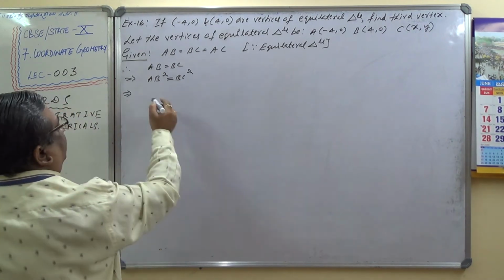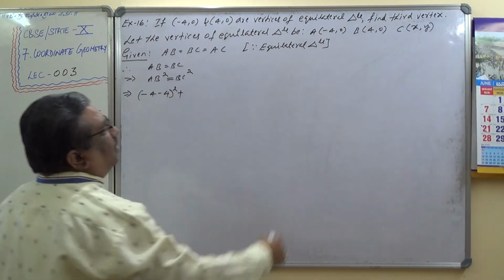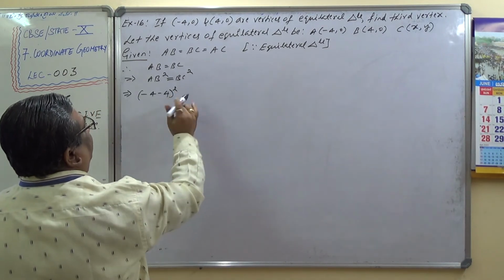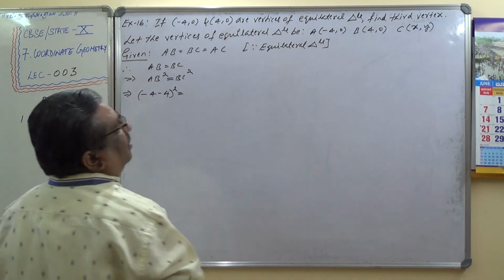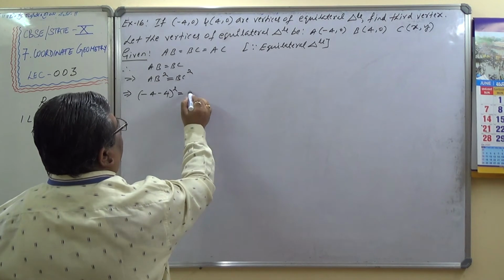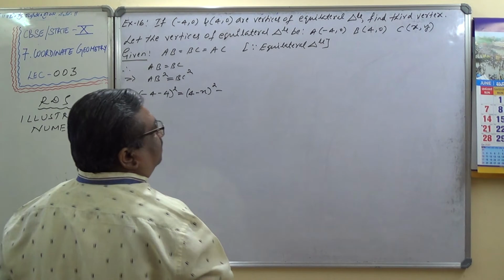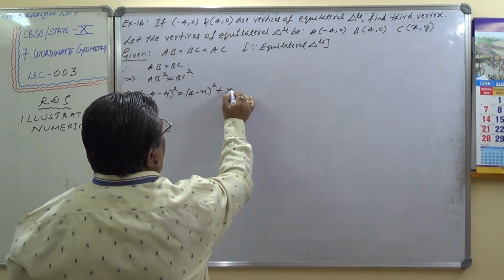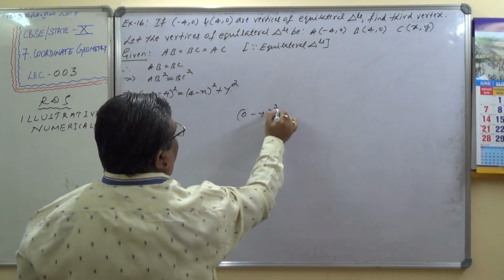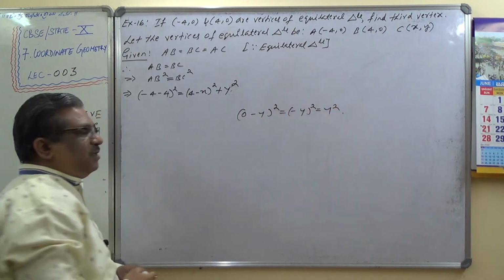Minus 4 the whole square plus 0 the whole square, is equal to BC square, 4 minus x the whole square plus 0 minus y the whole square, which is nothing but y square. I hope you are able to understand.